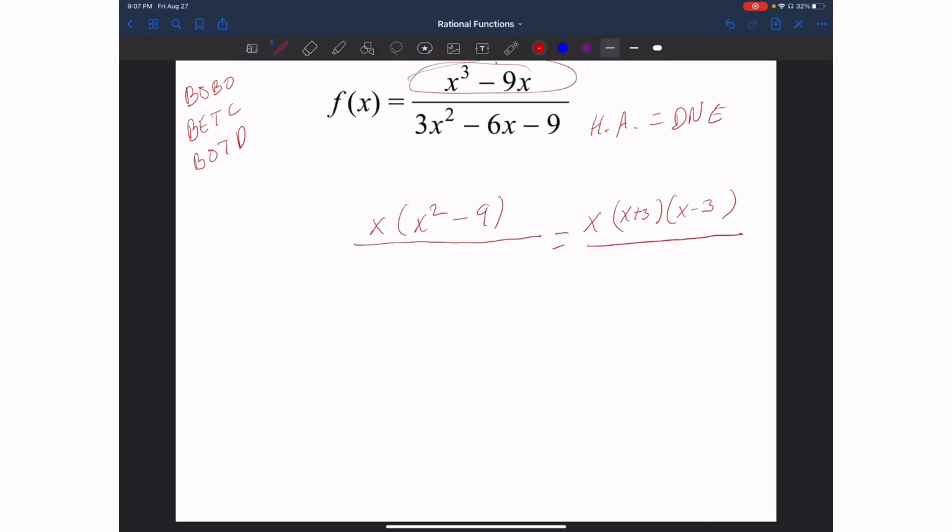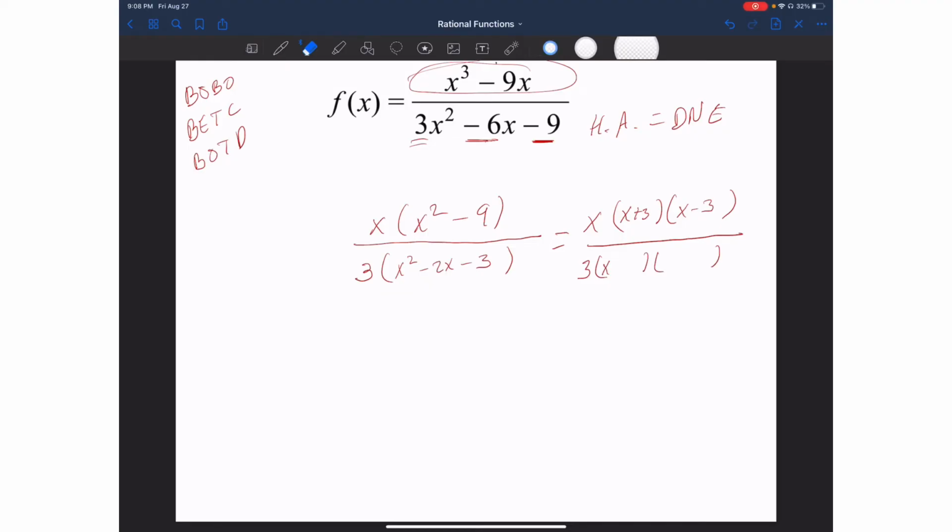Now looking at the bottom, I notice that 6, negative 6, and negative 9 are all multiples of 3. So I'm going to factor out a 3 at the beginning, and then I'm going to be left with x squared minus 2x minus 3. You can do your x method, or you can factor it without it.